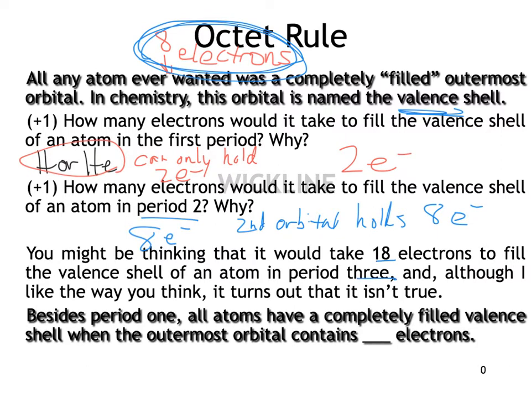Although that's actually a really good way to think, it turns out that it isn't true. You can just use your periodic table to quickly confirm that. All the elements after helium have an 8 to fill their second orbital. So besides period 1, all atoms have a completely filled valence shell when the outermost orbital contains 8 electrons. This is a really important idea, so don't forget to write that down.